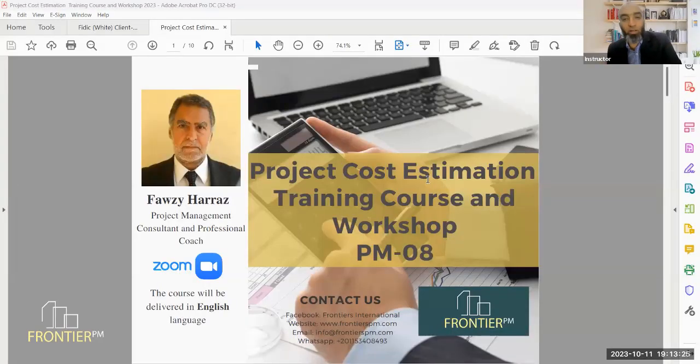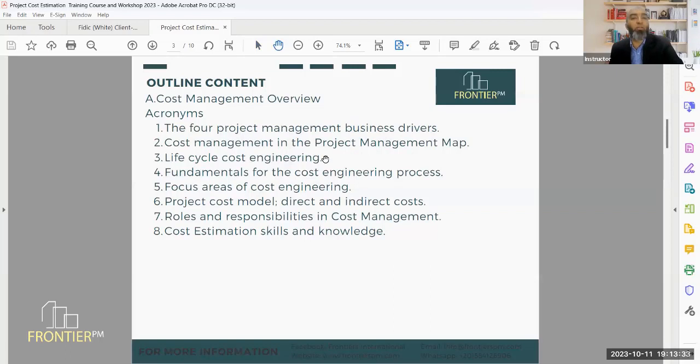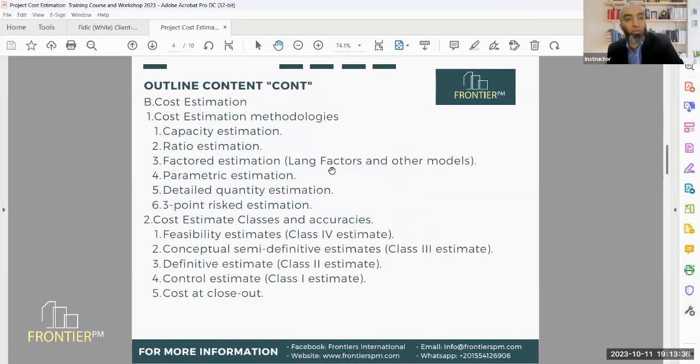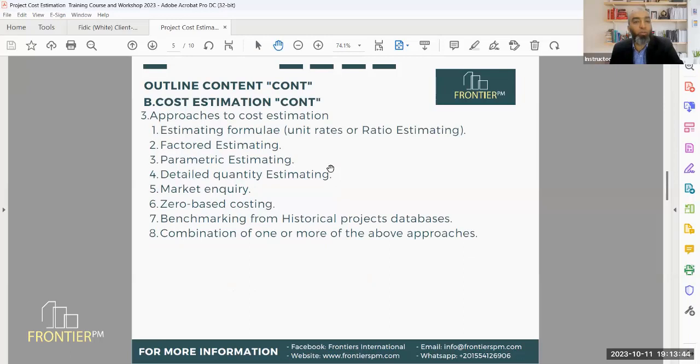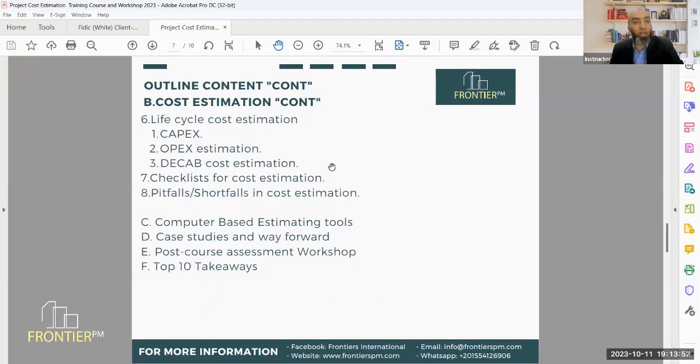I'm sorry. I will go quickly through the course outlines and objectives. The course outlines: cost management overview and cost estimation methodologies, cost estimate classes and accuracies, approaches to cost estimation, application areas, application to various industrial projects, life cycle cost estimation, CAPEX and OPEX estimation, cost estimation checklist, pitfalls or shortfalls in cost estimation.